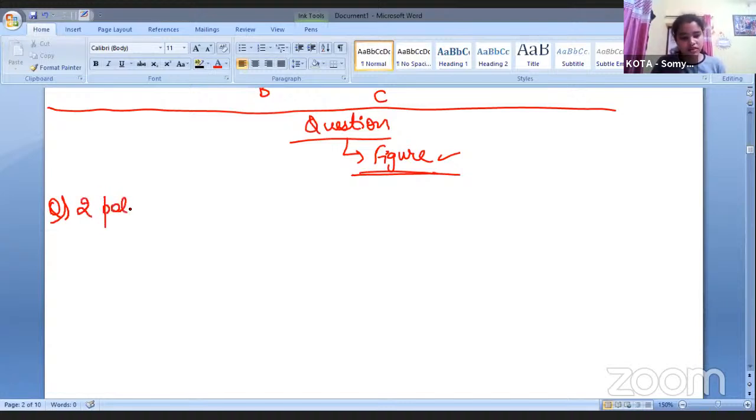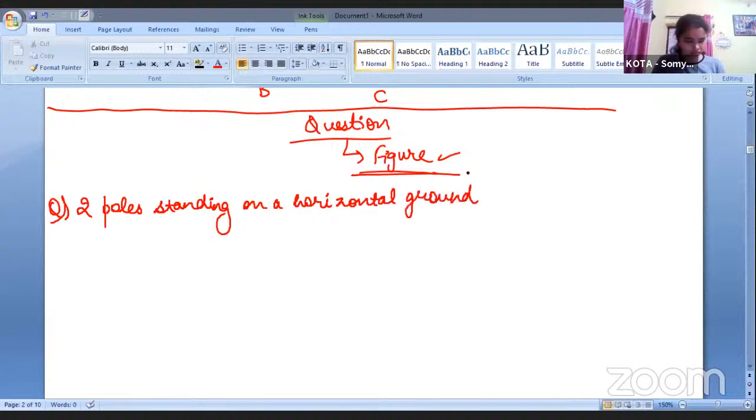Two poles standing on a horizontal ground are of heights 5 meter and 10 meter respectively.